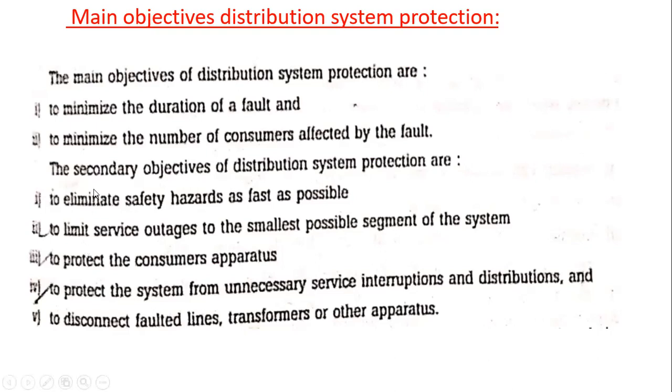Next, coming to the secondary objectives. What are the secondary objectives in the protection of a distribution system? To eliminate safety hazards as fast as possible.